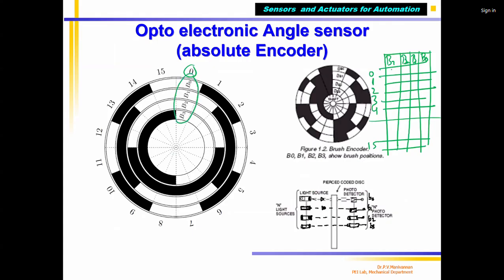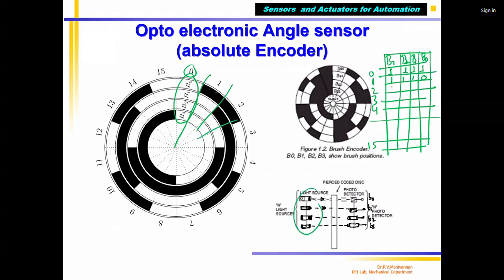Now, if this is there, what will I get? Light will pass: 1, 1, 1, 1. I get 4 pulses. If the next segment comes under the 4 lights, what will I get? This will become 0, this will become 0, and the remaining will get light. When this part comes under this light source and this one, what will I get?